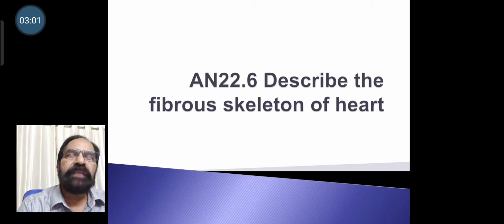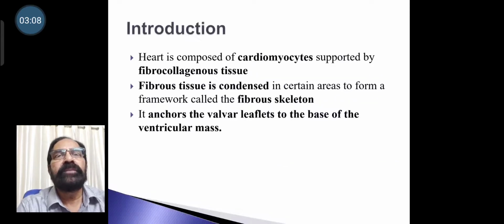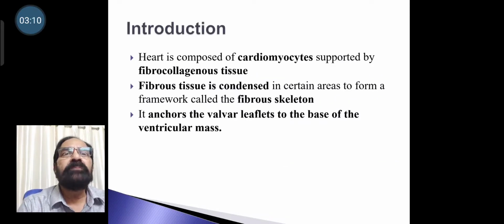Then we go on to describe the competency, that is fibrous skeleton of heart. Heart is composed of cardiomyocytes supported by fibrocollagenous tissue. Fibrous tissue is condensed in certain areas to form a framework called fibrous skeleton.